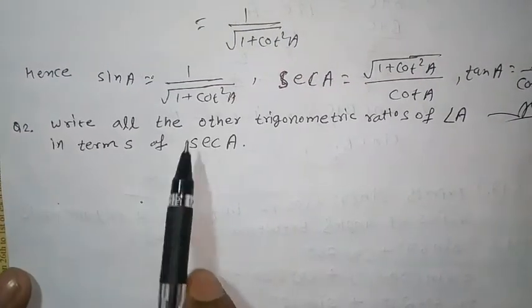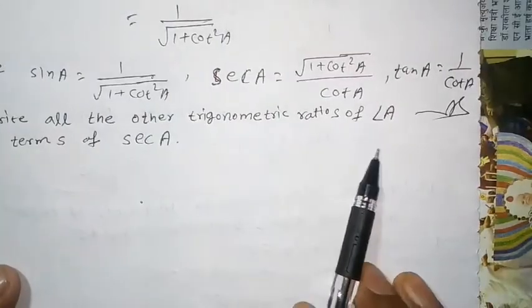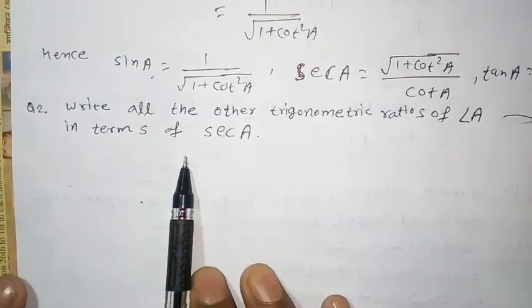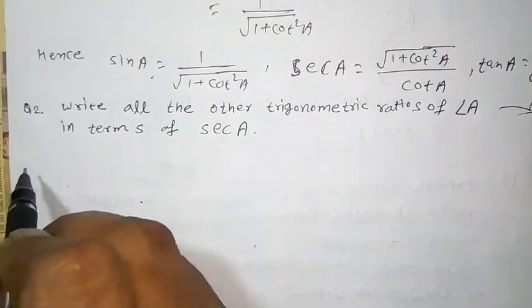The next question. Question number 2. Write all the other trigonometric ratios of angle A in terms of sec A. Solution.